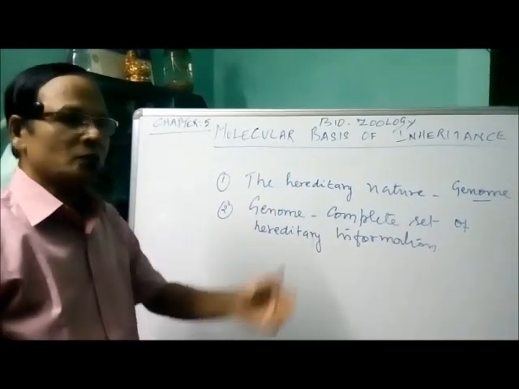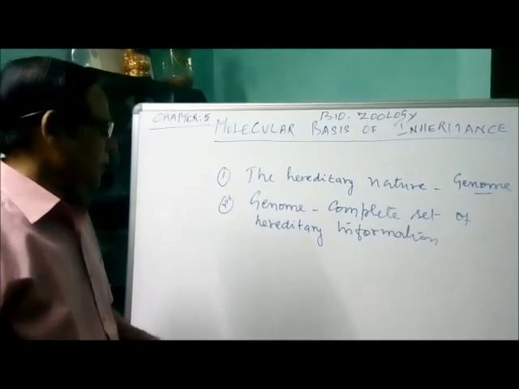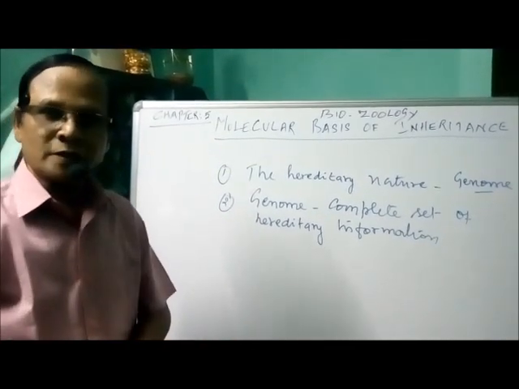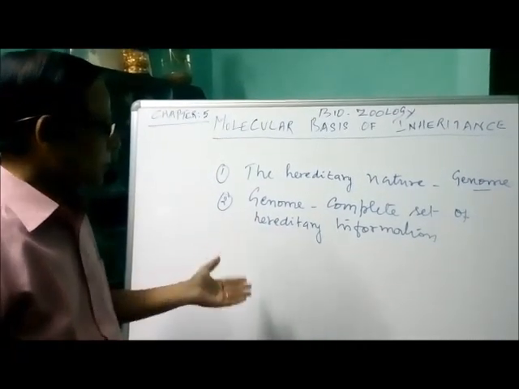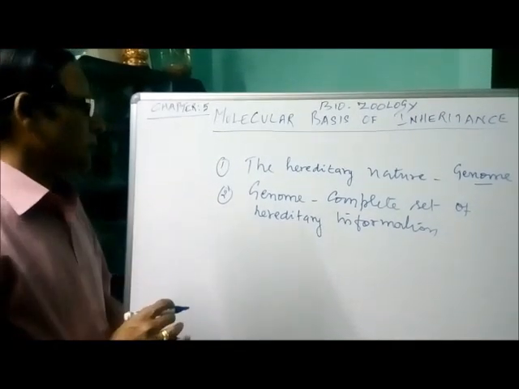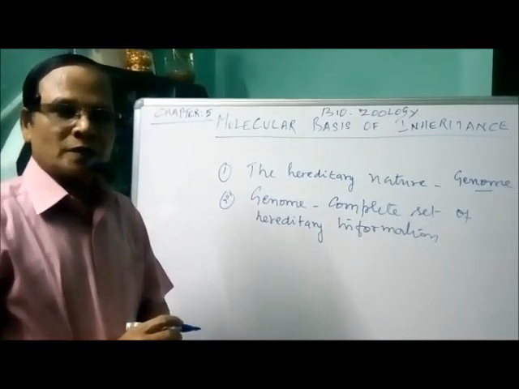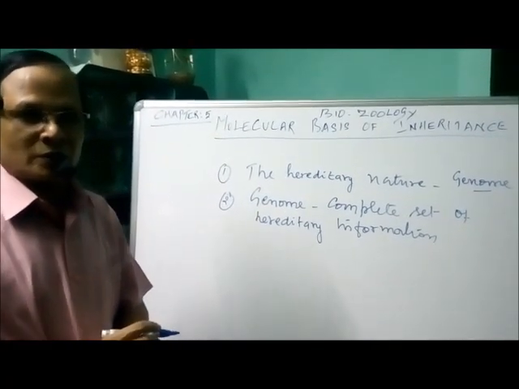So normally the genome is responsible or needed for constructing an organism. Again, if you are taking a genome in a diploid organism, it is a complete set of hereditary information of that organism.